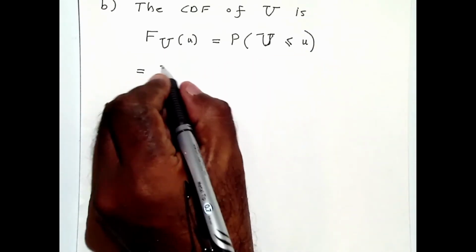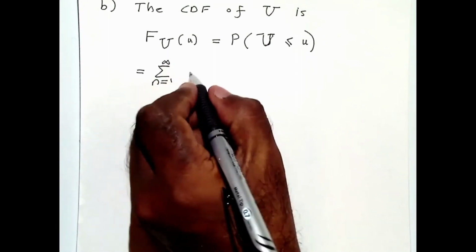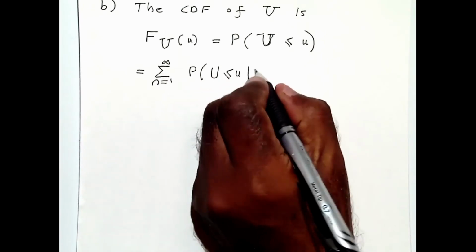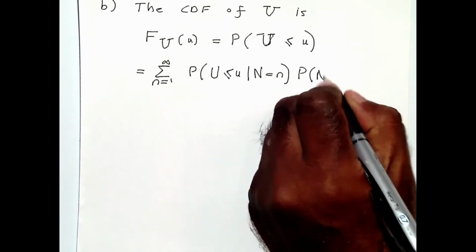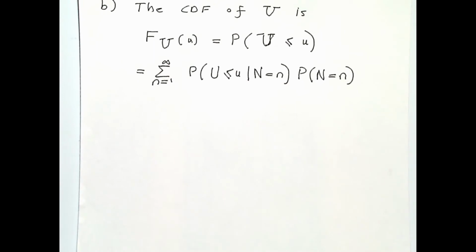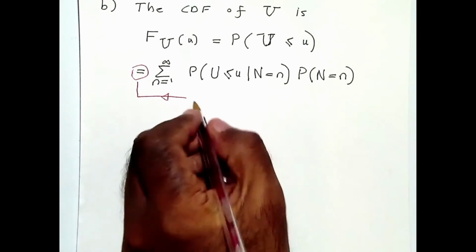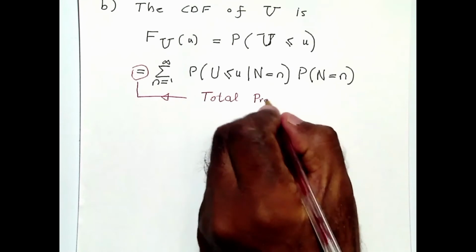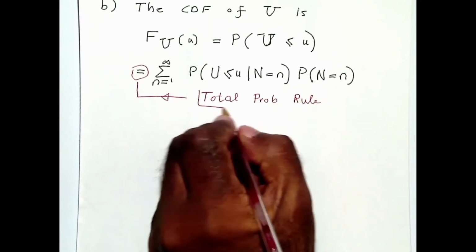And using the total probability rule, you can write this as the sum of the conditional probability given capital N is a fixed number times the probability that capital N is a fixed number. So I have used, once again, the total probability rule.